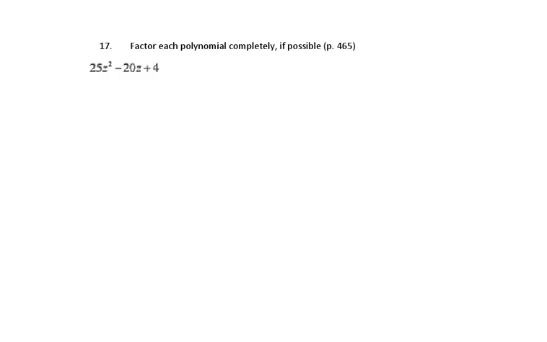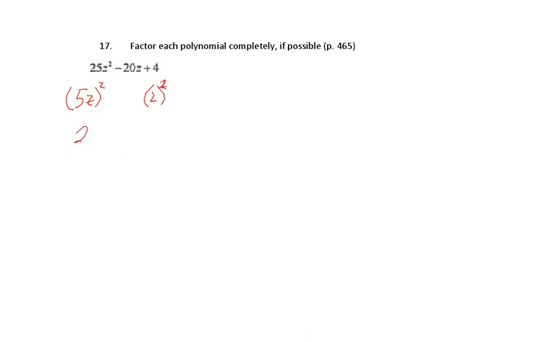Okay, so 17 is an interesting problem. Notice that the first and last numbers are perfect squares. 25 is the same as 5z squared, and 4 is the same as 2 squared. And you know what?